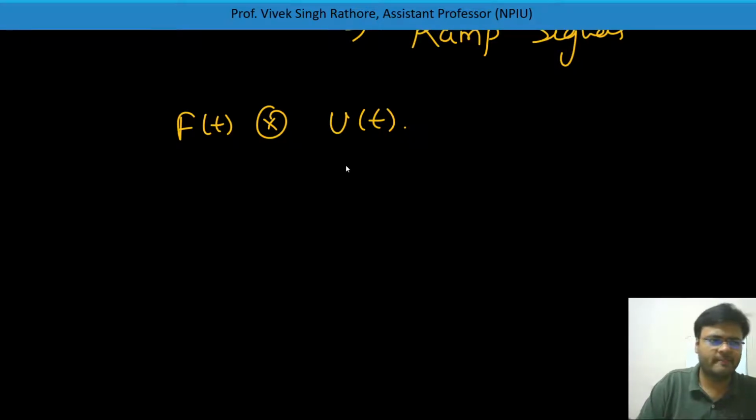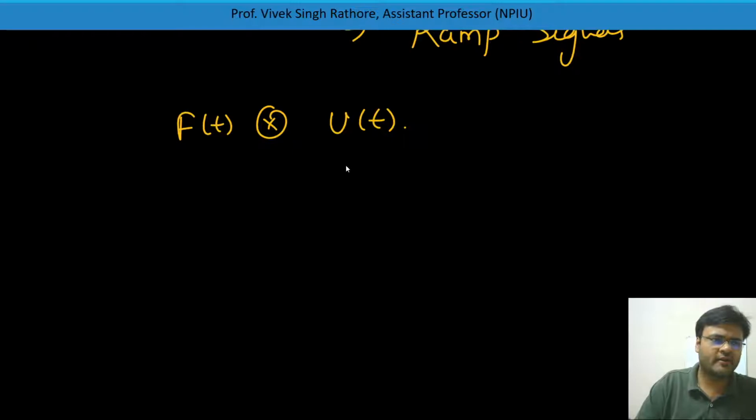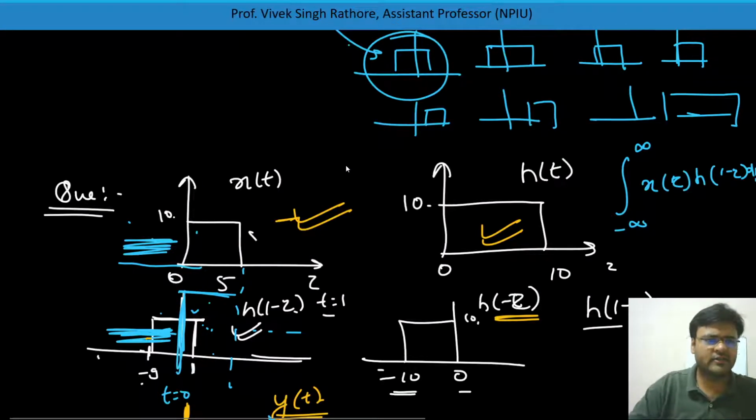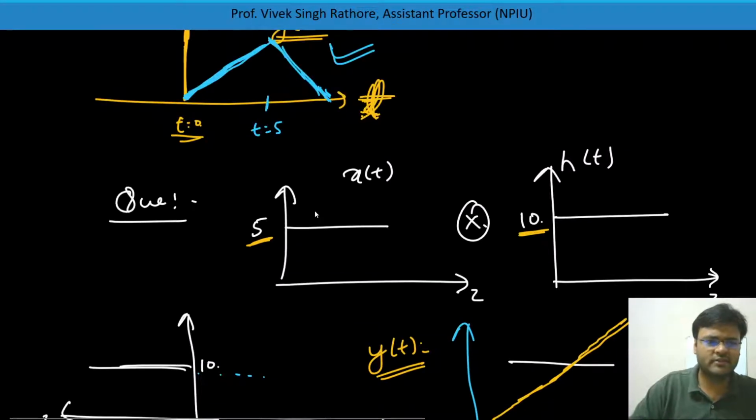If you see, f(t) is convolved with a unit step, what are we getting? See, this signal was convolved with this signal, this is a unit step signal, or maybe a gate pulse you can say. This signal x(t) was convolved with this unit step signal. What you are getting is the integration of this value.